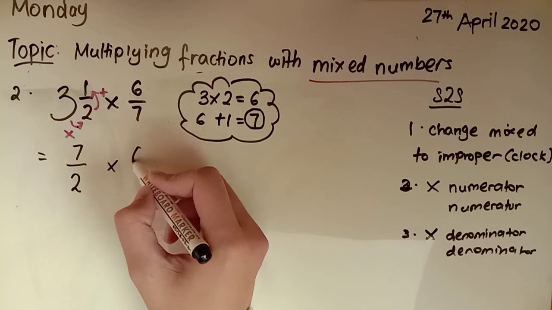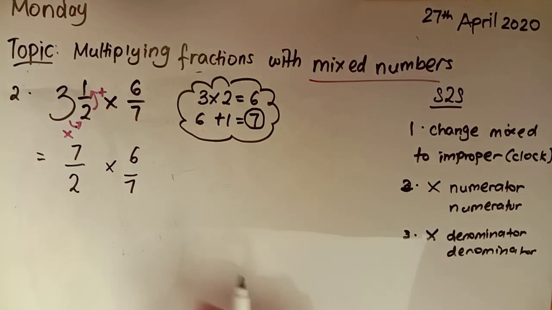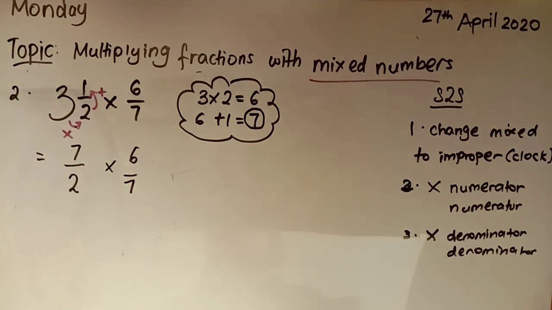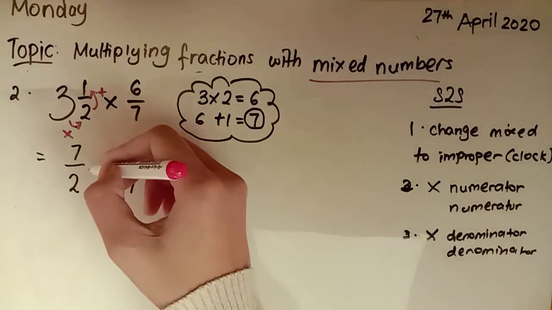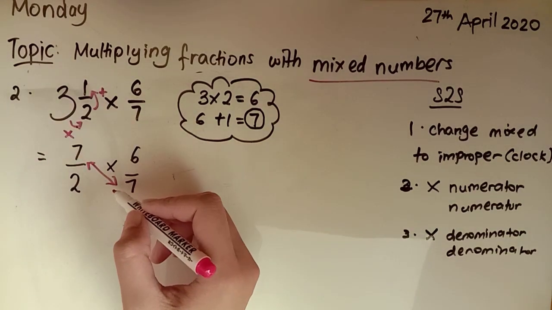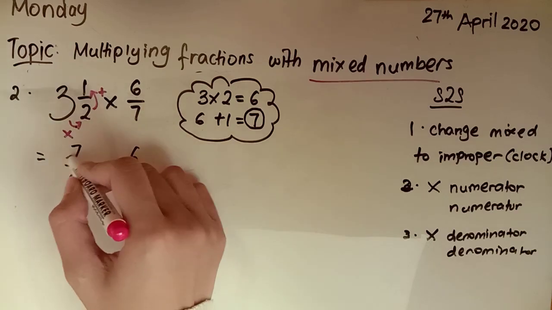Times, turunkan ke bawah, 7 over 6. Special. Tell me why it's special. Those who have watched Saturday's lesson will know why these two fractions are special. What's so special about it? The diagonal are the same. So you can cancel.